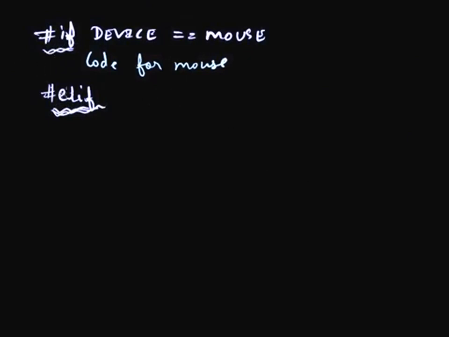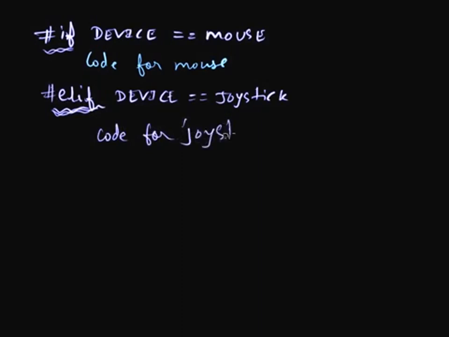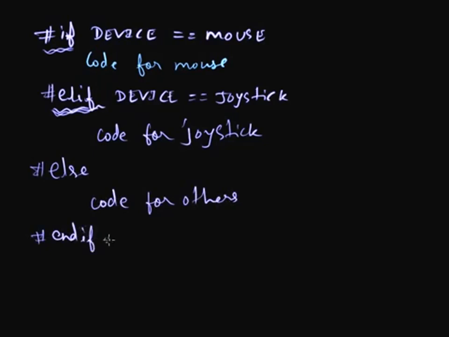So we write #elif device is joystick, we have code for joystick. Now #else, code for other devices, and then we have to #endif. Here we do not use braces, we have to end every single #if.